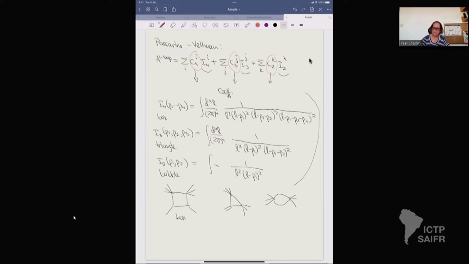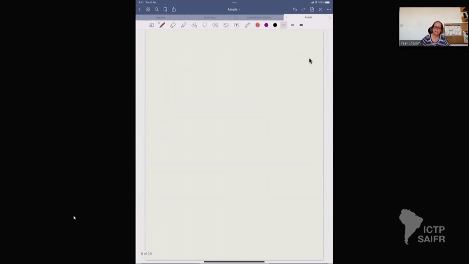Okay, now, if you've never seen this before, then the way you derive this is the following. You just say, let's look at some loop integral, and suppose I have here L mu, and downstairs I have a bunch of propagators. Then we can write this thing as some A1 times P1 mu plus B1 times P2 mu, and so on and so forth, depending on the momenta that enter here.